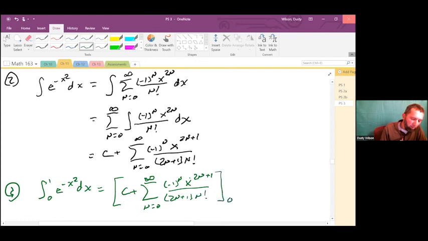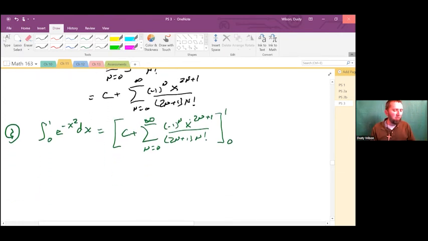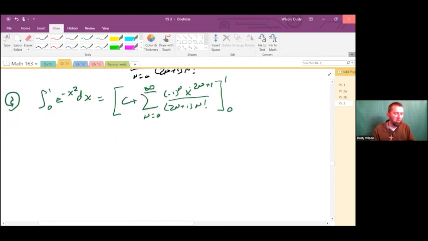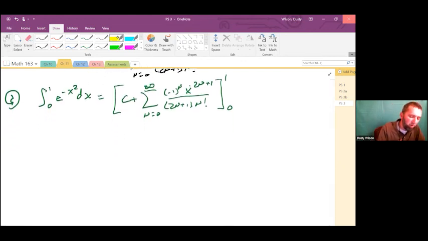And I want to evaluate this from 0 to 1. Whew. Well, we know that this plus c is going to go away. That part's easy. Let's see what happens when we put in 0 for our x. So when we put in 0 for our x, all of those terms are going to be 0. So that'll be easy. So all we really worry about is what happens when we put in 1.